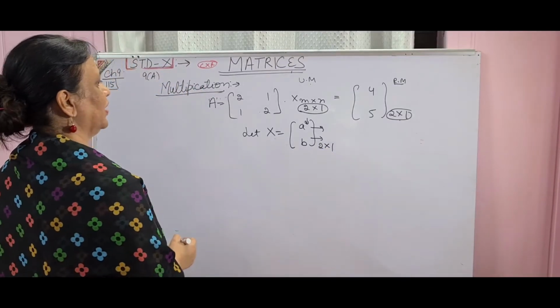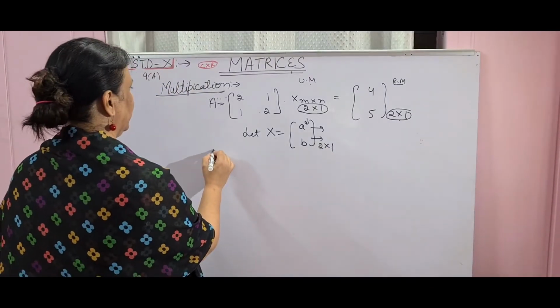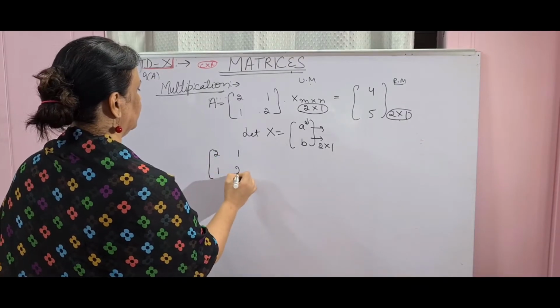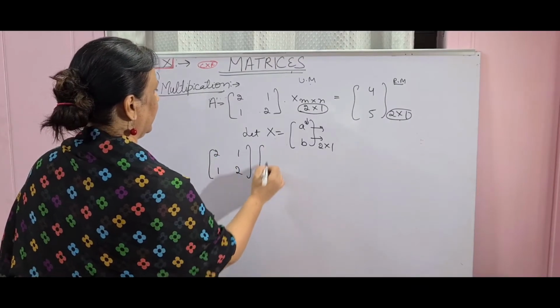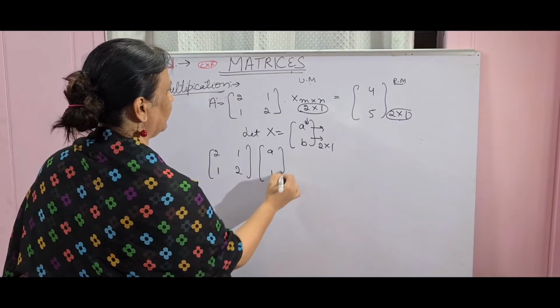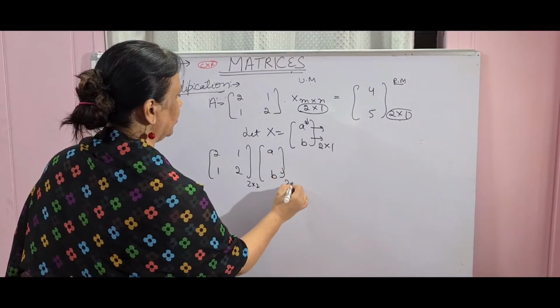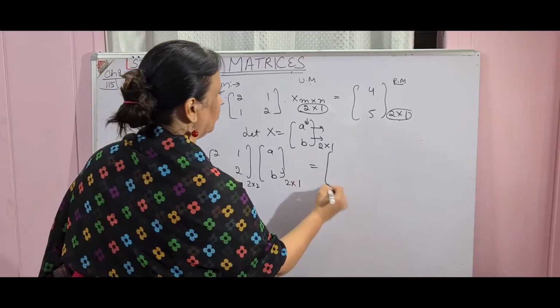So putting in the equation 2, 1, 1, 2, a, b, which I have found from the order, 2 into 2, 2 into 1, is equal to 4, 5.